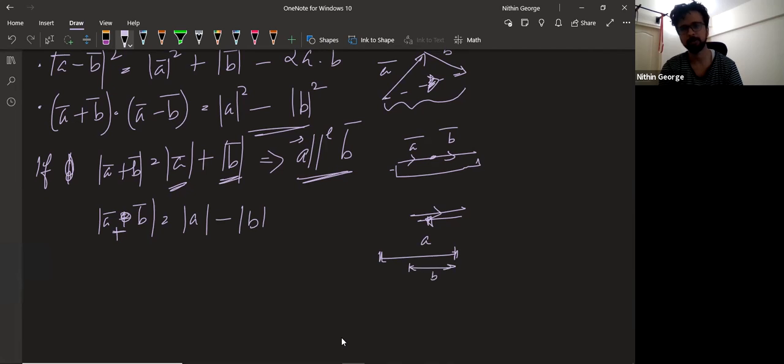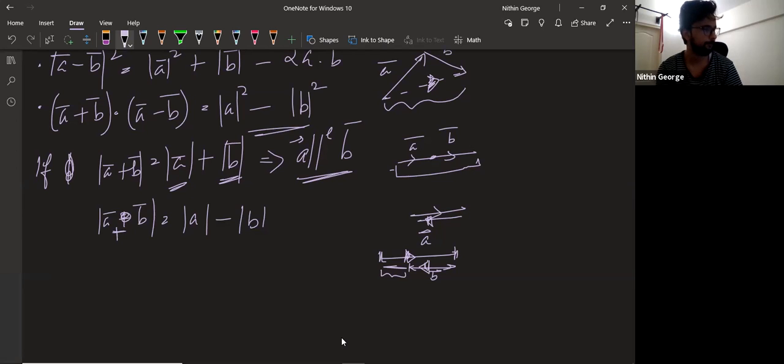If this is satisfied, what does that mean? They are in opposite senses. When I simply add them up, I get only this much. So in other words, you can say cos theta equal to -1, or theta equal to pi. The angle between them is pi units.